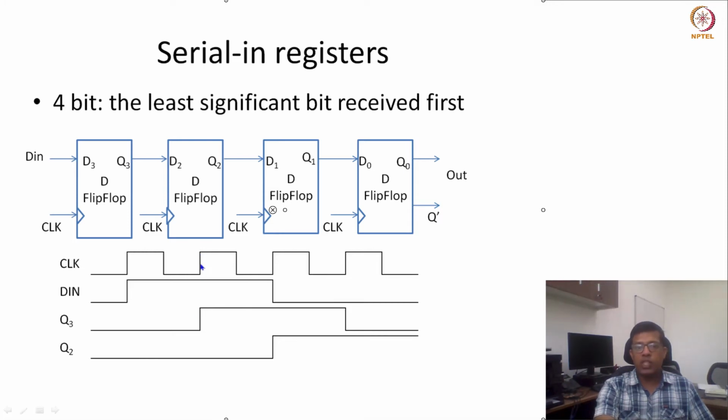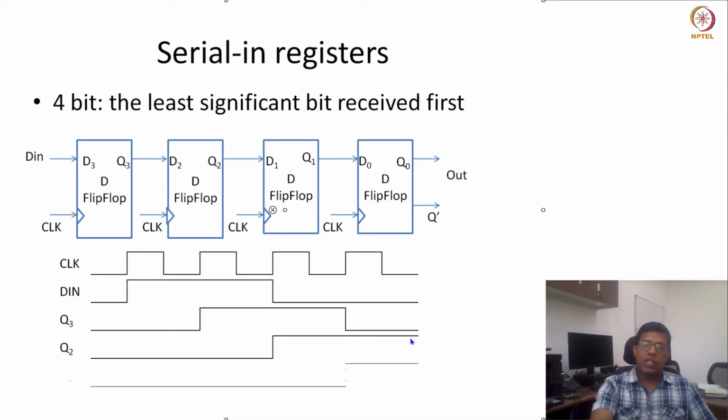Similarly, at this positive edge, Q3 was 0, so my Q2 output will be 0 for 1 clock cycle. Similarly, at this positive edge, because this was 1, output would remain 1 for 1 clock cycle, and similarly at this particular positive edge, my input was 1, so output would remain 1 for 1 clock cycle.